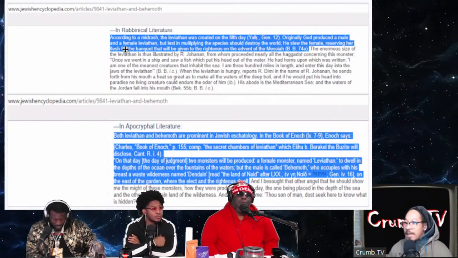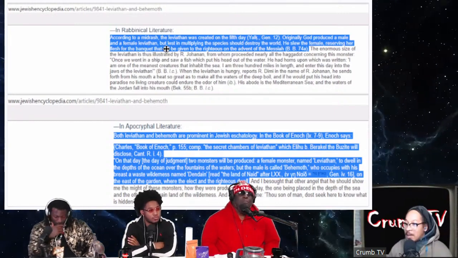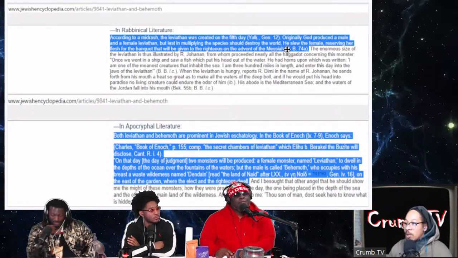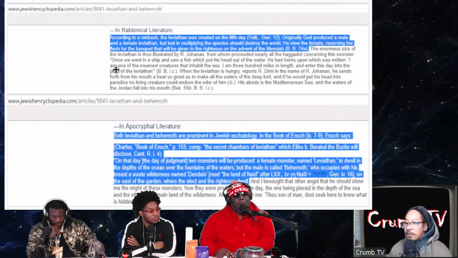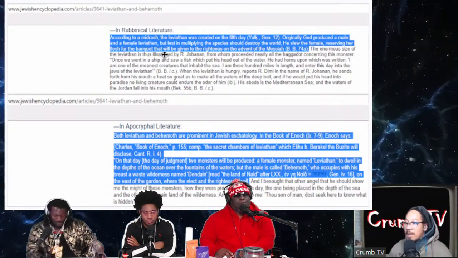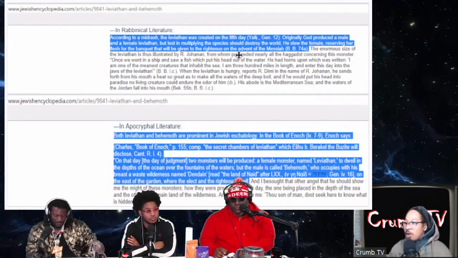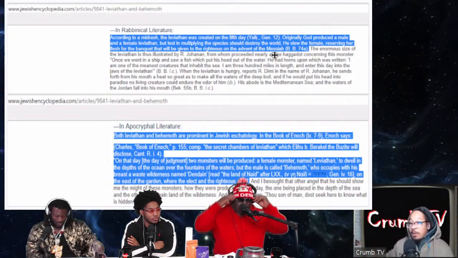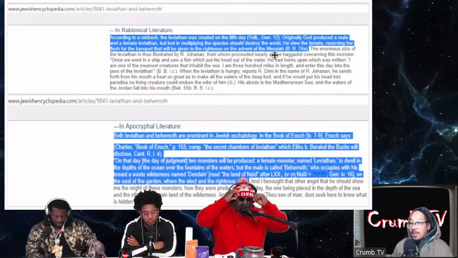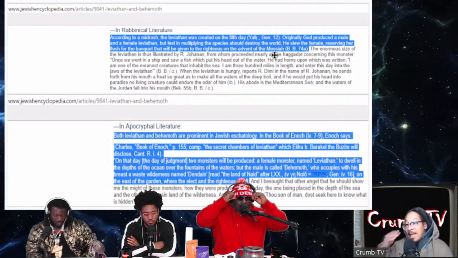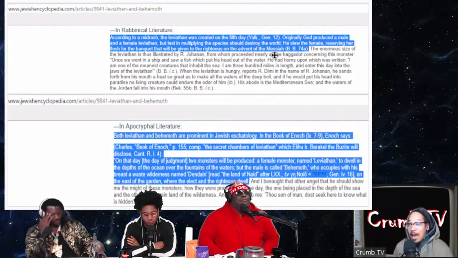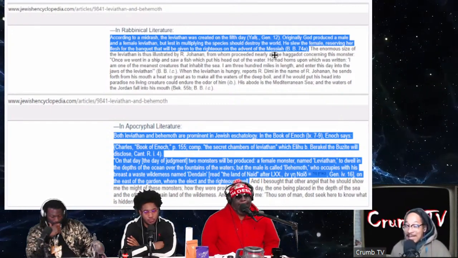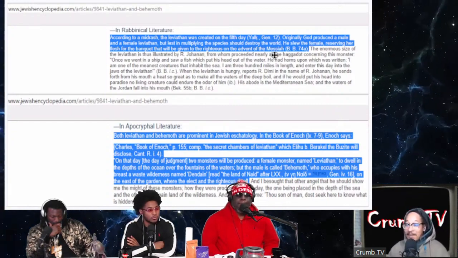Originally, God produced a male and female Leviathan, but lest in multiplying the species should destroy the world, he slew the female, reserving her flesh for the banquet that will be given to the righteous on the advent of the Messiah. This was the first communion. What they used for breaking bread and drinking the flesh of my flesh, blood of my blood. They first did that with the Leviathan after God killed the female Leviathan. Now, remember, the Leviathan is Godzilla. Godzilla is a Leviathan.